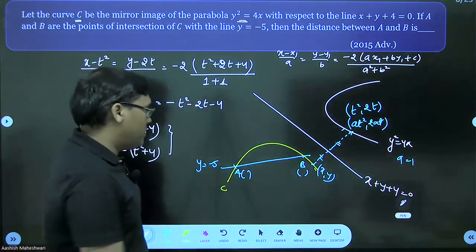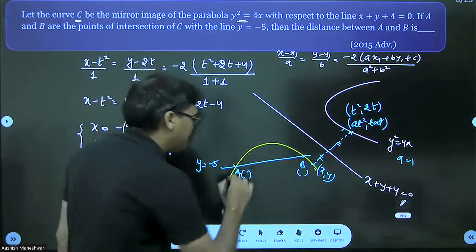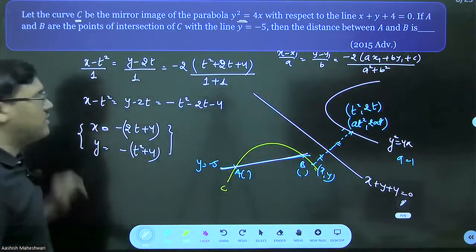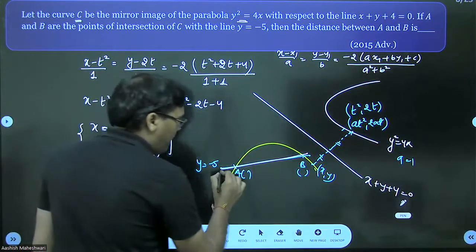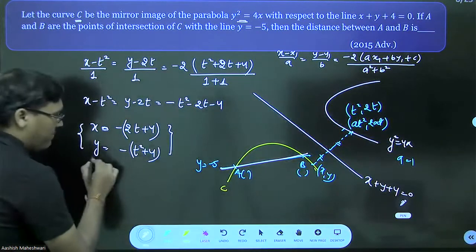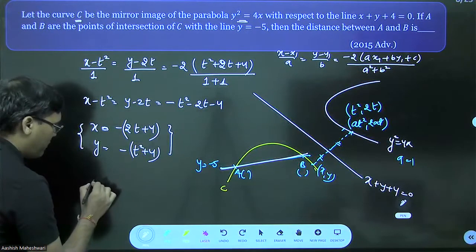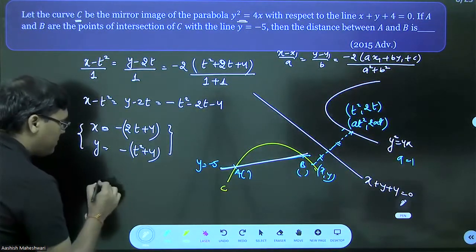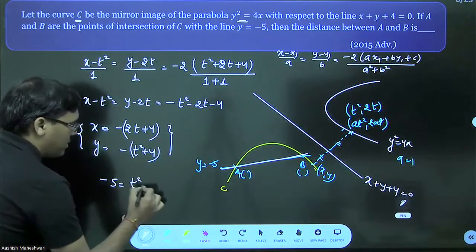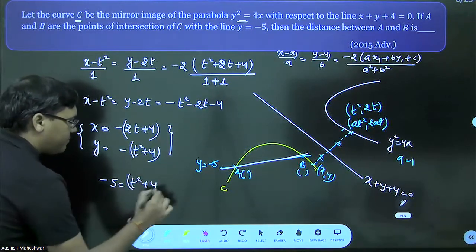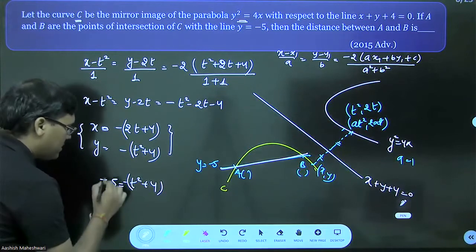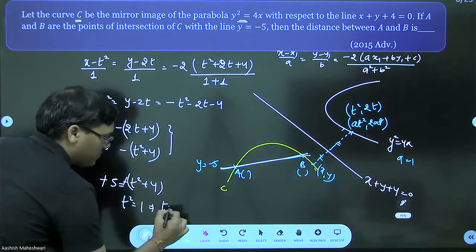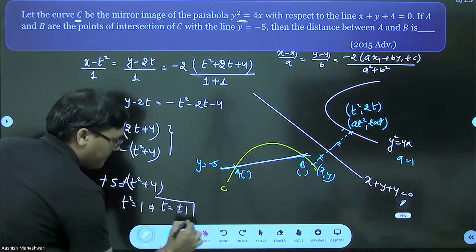Now the question is, what is the distance AB? You can clearly see for any point on this curve, this is the relation between x and y. Now if I take y is equal to minus 5, then minus 5 is equal to minus t square plus 4, so t square is equal to 1, t is equal to plus or minus 1.